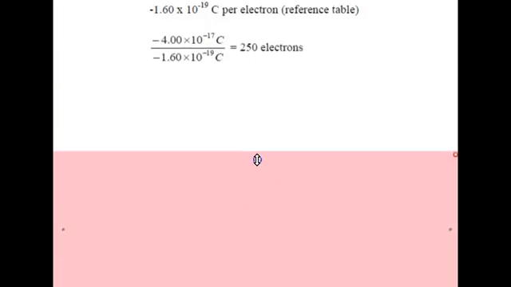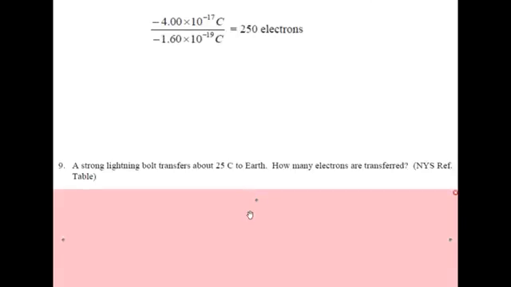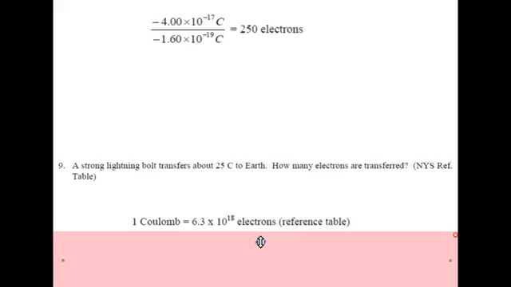In number 9, a strong lightning bolt transfers about 25 coulombs to Earth. How many electrons are transferred? In this case, there's a conversion on the reference table that tells you how many electrons 1 coulomb is. In the previous problem, it was how many coulombs 1 electron is.